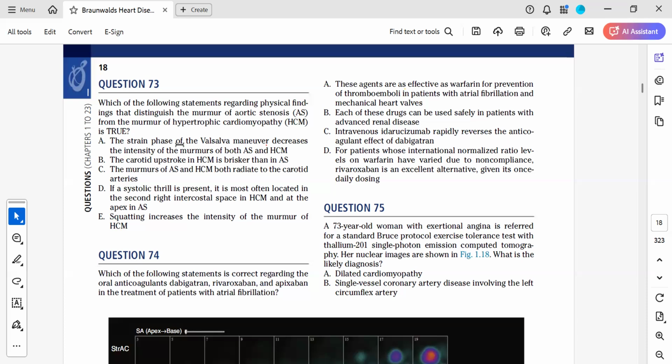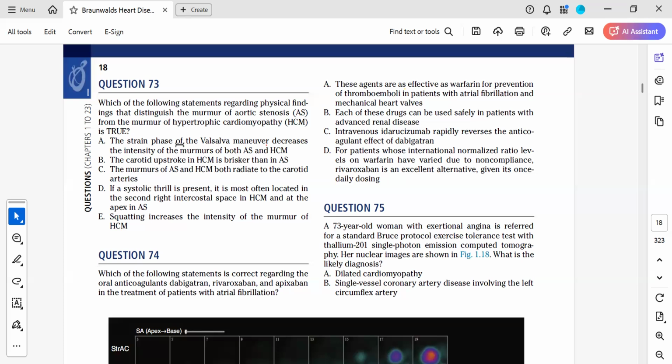Once we have an eGFR of less than 50 or less than 15, rivaroxaban is highly contraindicated, so it is not applicable. But for apixaban, we can use it because I think it's not metabolized by the kidney, it's more of the liver. So we use the same dose irrespective of what the eGFR or the creatinine clearance is.